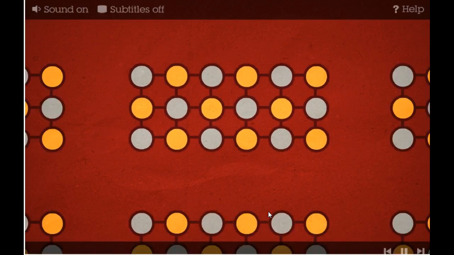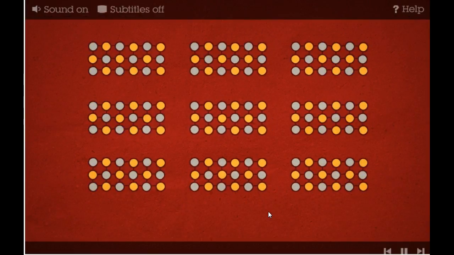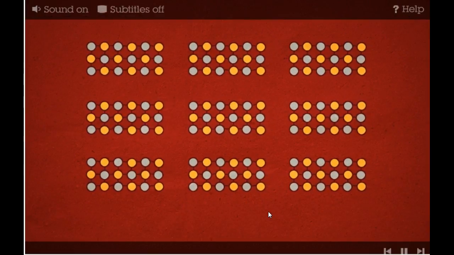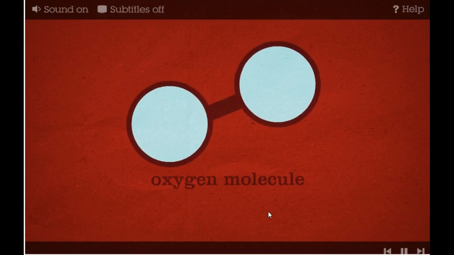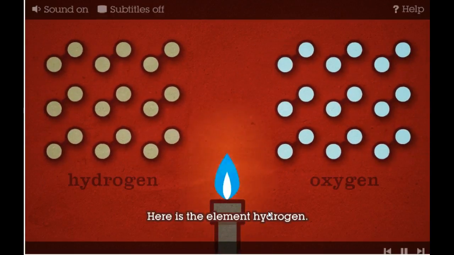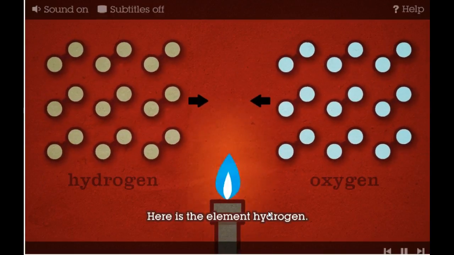These things here are molecules, a bunch of atoms bonded together. This is an oxygen molecule, but you can also get molecules made up of different kinds of atoms. We're about to see how. Here is the element hydrogen. What happens when you fuse it with oxygen? You try it.